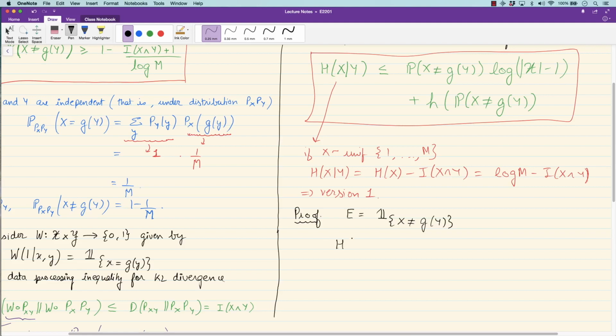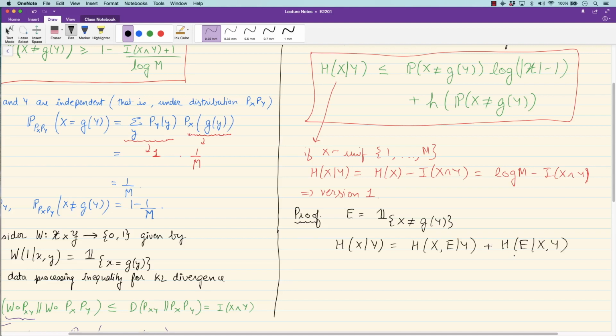Now, if you look at H(X|Y), this is equal to H(X, E|Y) plus H(E|X, Y).